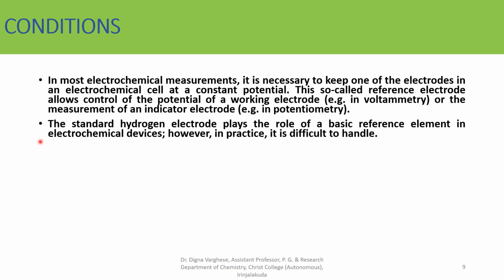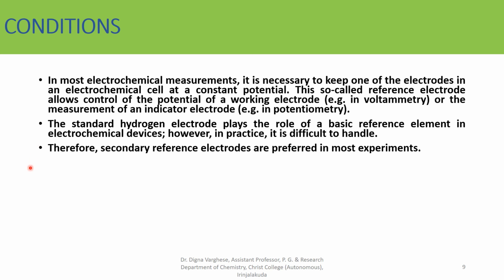The standard hydrogen electrode plays the role of a basic reference element in electrochemical devices. However, in practice, it is difficult to handle. Therefore, a secondary reference electrode or subsidiary reference electrode is preferred in most experiments.